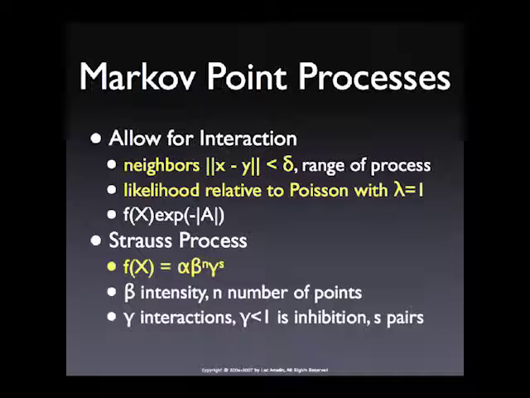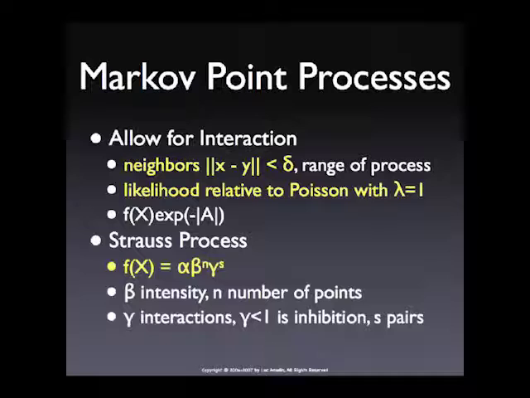Some of these processes, a Strauss process, we'll look at this in the lab, is characterized by an intensity, beta, to the power of the number of points, and then an interaction parameter, gamma, to the power of the number of pairs of points. For gamma less than 1, this is an inhibition process. If gamma equals 1, then we just end up with a straight Poisson process. If we let beta be variable, we end up with a heterogeneous Poisson process.